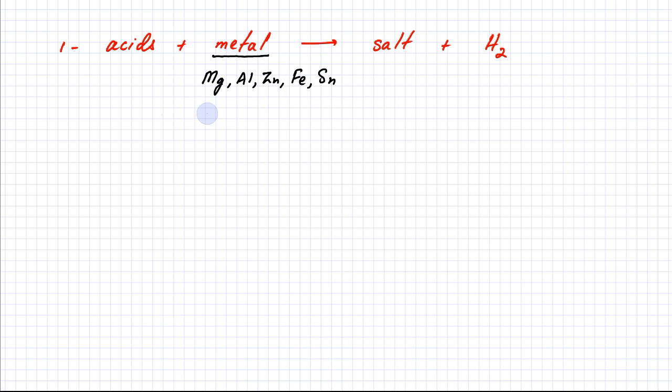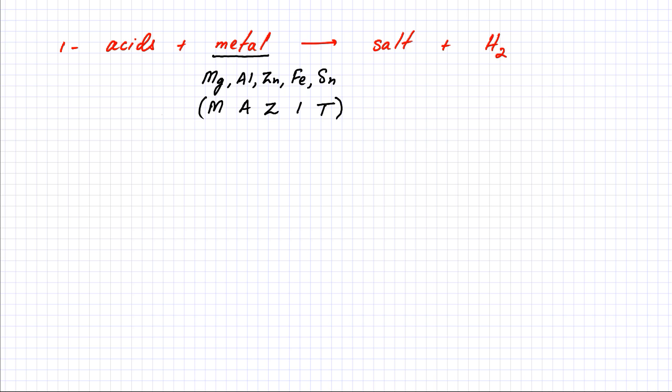So you can remember this word, MAZIT: magnesium, aluminium, zinc, iron, and tin. This mnemonic helps you remember which metals are going to have moderate reactions. They won't be very slow or very fast. All the rest of the metals have problems with acids. Either the reaction is very explosive or the reaction is very slow or non-existent.